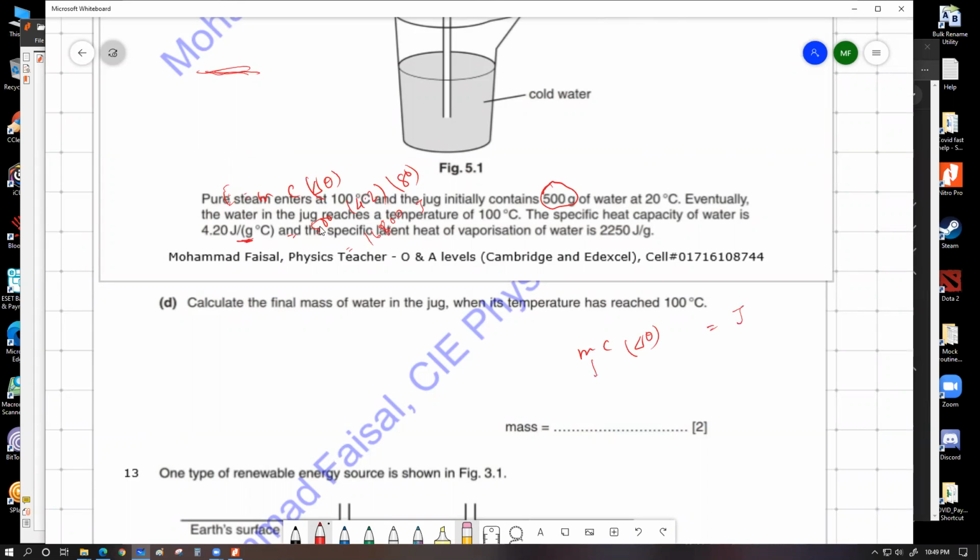So you're going to get some mass unit over here, maybe gram. If C is given in joule per gram, then you can cross them out. That's the whole point. And obviously there'll be degrees Celsius, and delta theta is going to come as degrees Celsius. So if you multiply all three of these units, gram and per gram cross out, per degree Celsius crosses out. All that you are left with is joule. So if your units match, then you don't have to convert.